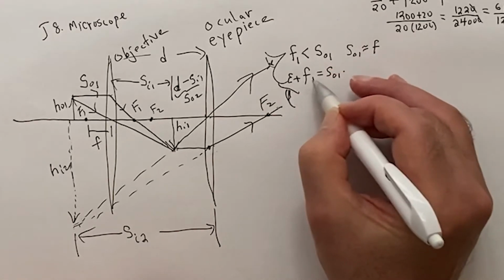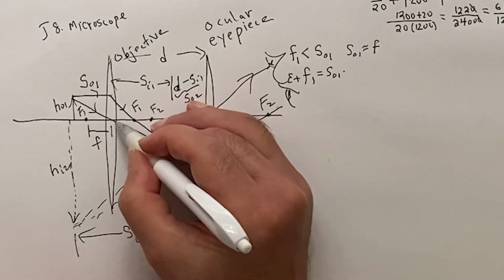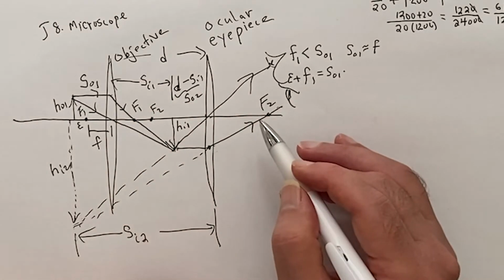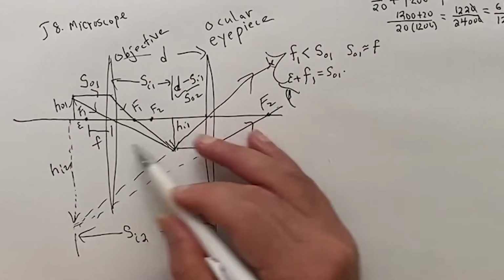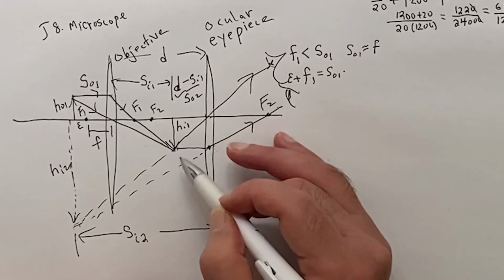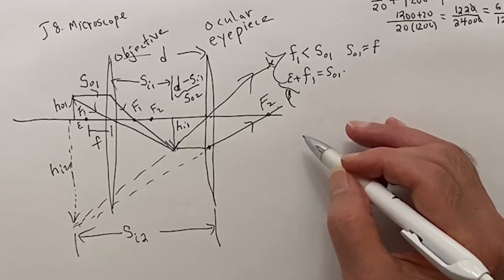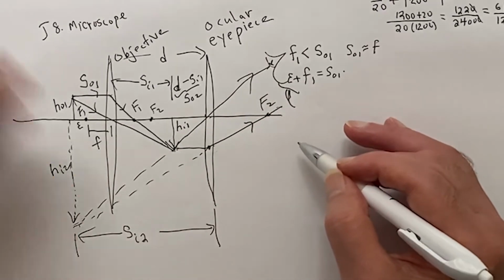In other words, if you have this distance F plus a little epsilon there, that's going to get you, like the slide projector, an image that is larger and projected farther away, but not too far. And that's some of the design characteristics we're going to have to worry about.